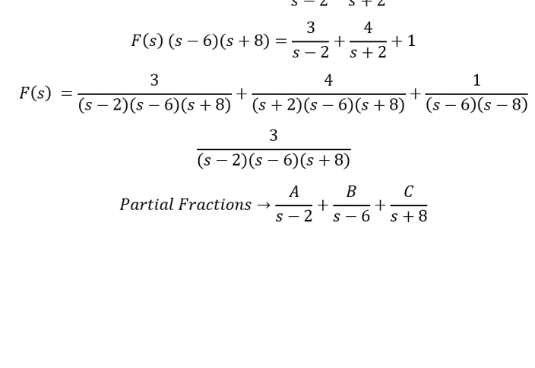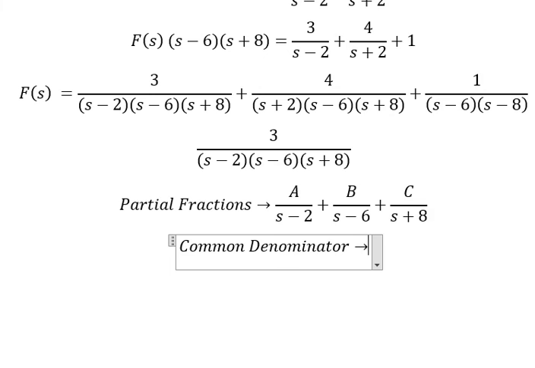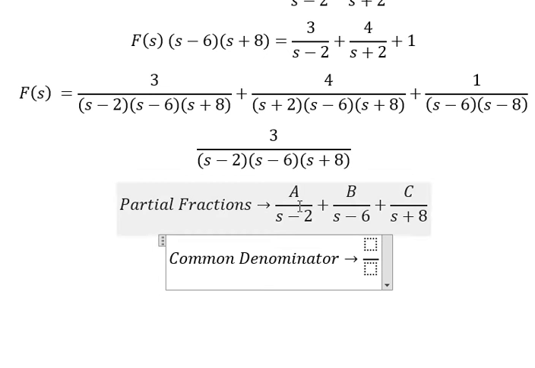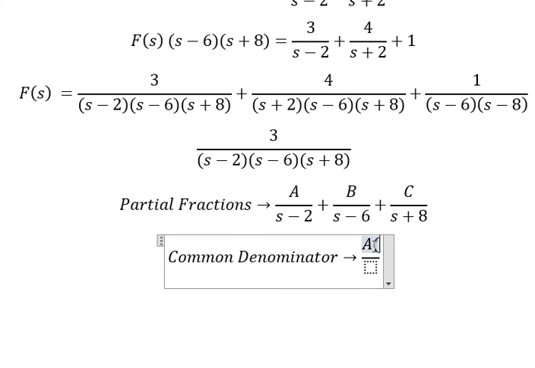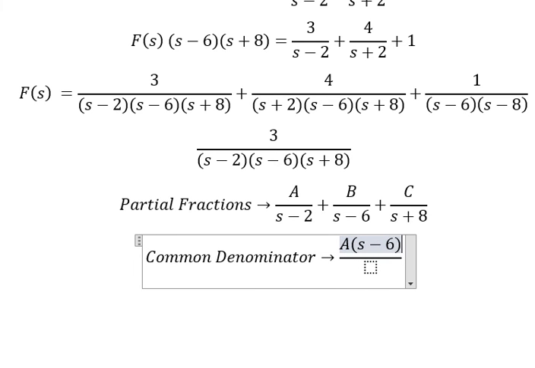Next, we do common denominator. So, about this one, it is missing about s minus number 6, s plus number 8. So we need to multiply by this one in here.